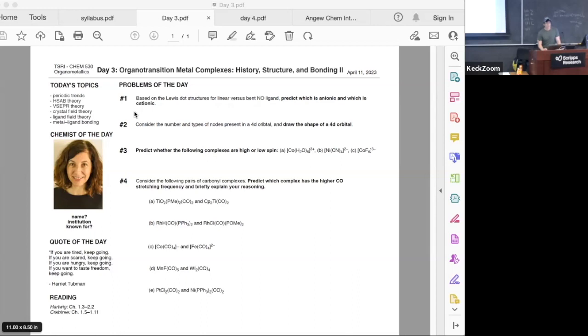I don't understand how it being higher up on the periodic table corresponds to that, because shouldn't it have better overlap with the orbitals if they're similar in energy? If you're comparing a 3D orbital versus a 4 or 5D, shouldn't the overlap with CO be better? Then you have more back donation.